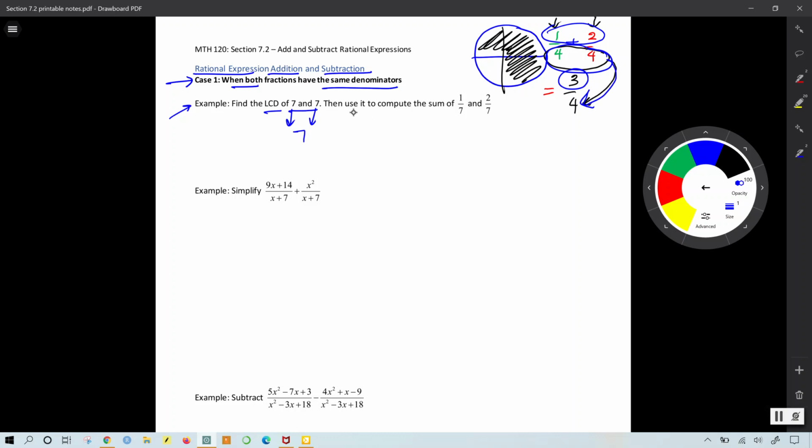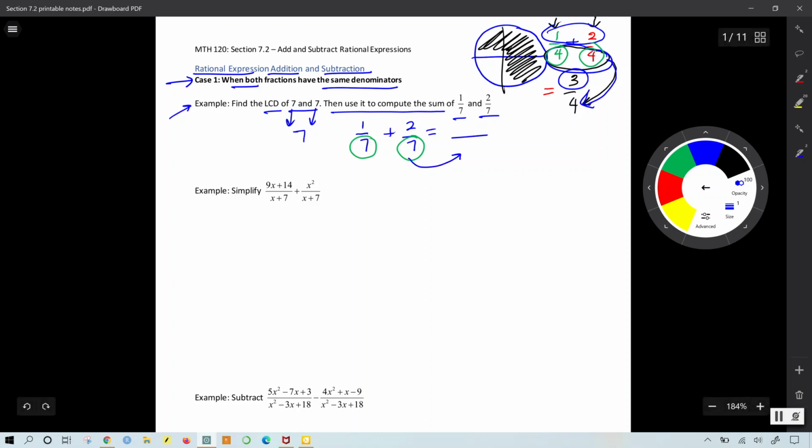And that can be very useful in order to compute the sum of 1/7 and 2/7. 1/7 plus 2/7, since both of them share the same denominator, just as we had in this case, 1/4 plus 2/4, it means that the answer will have exactly the same LCD, which is 7, and all we have to concentrate on is adding 1 plus 2, and that gives us 3/7.